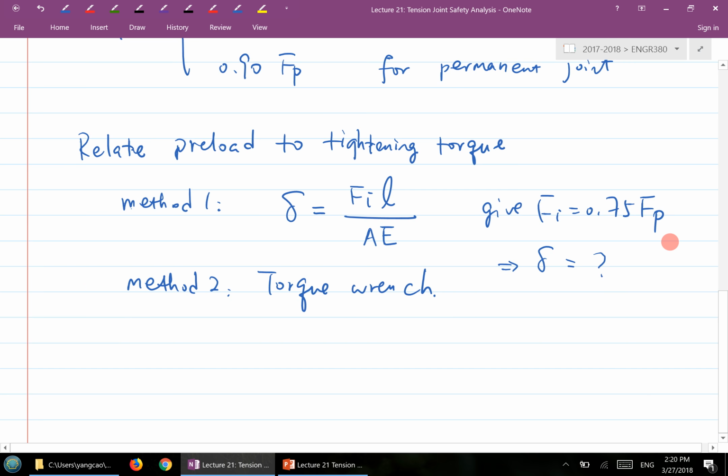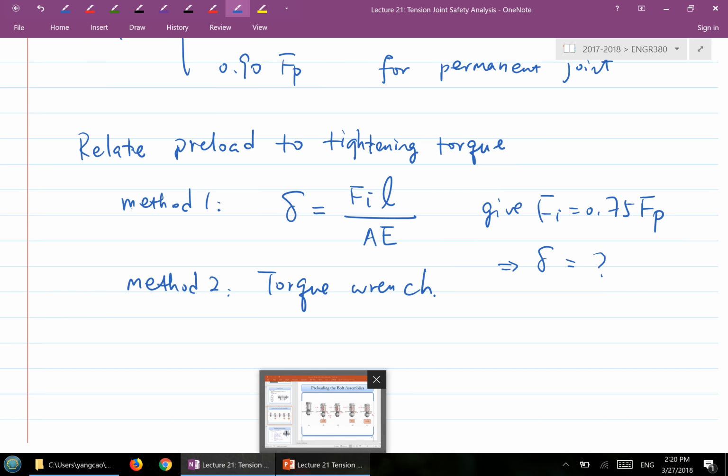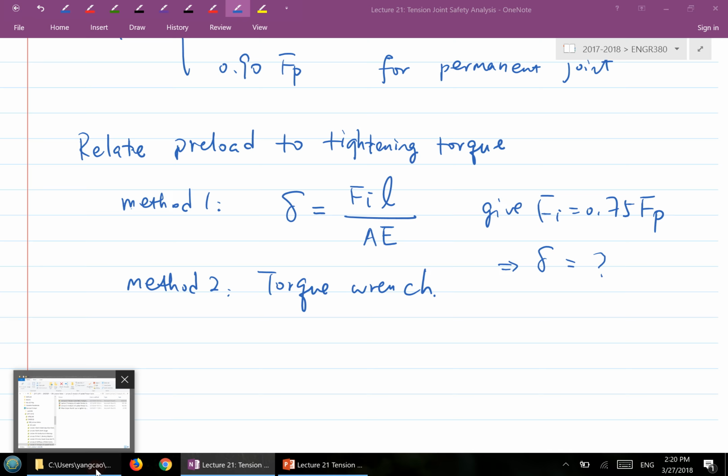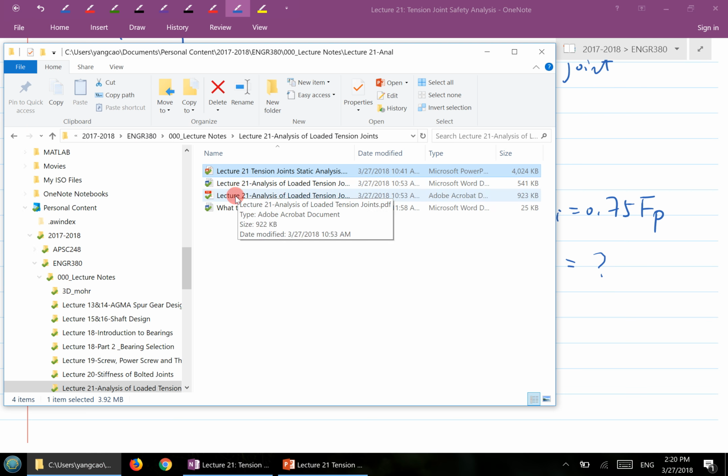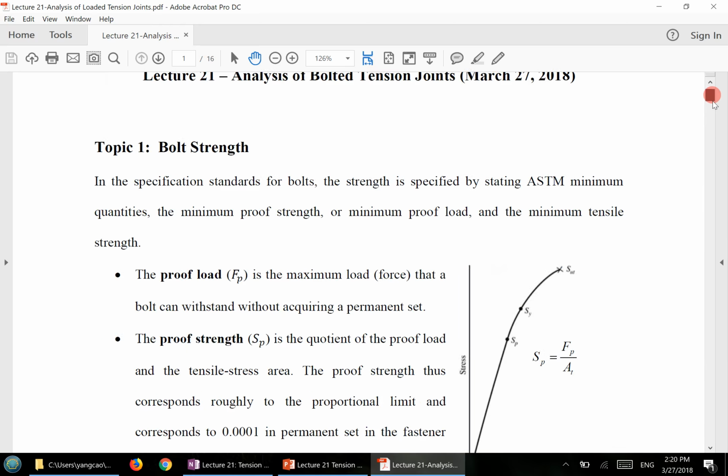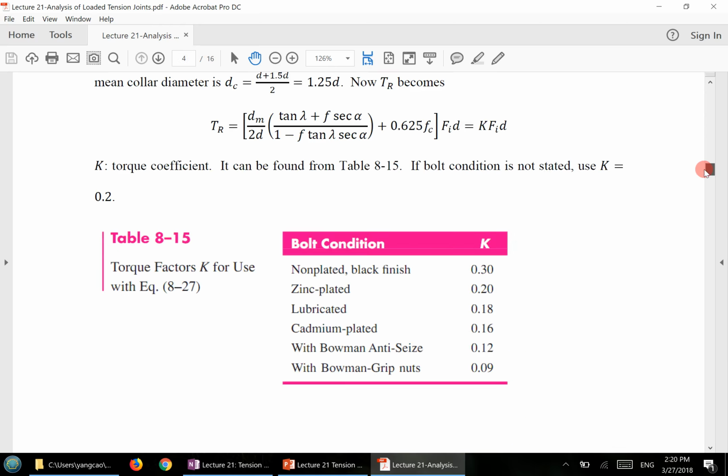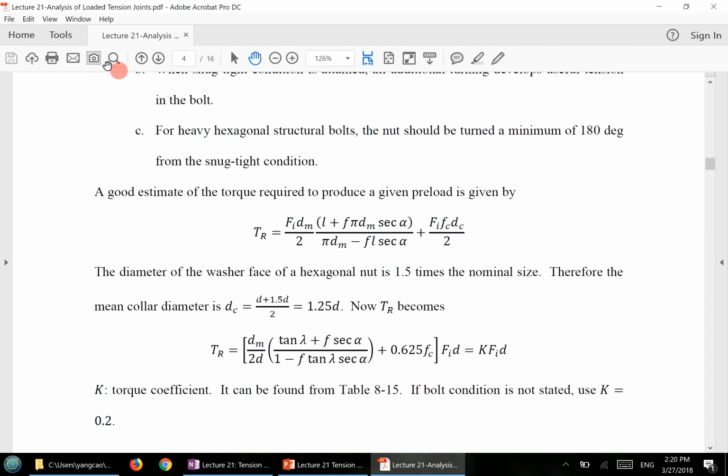Here, how much torque should we apply then? We have a formula inside our textbook for the T here. This formula comes from a formula that we actually derived in the previous lecture, if you recall that.